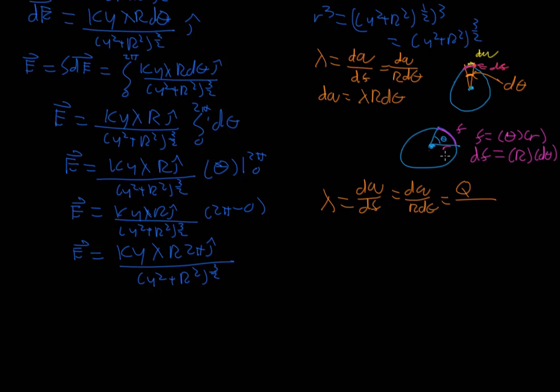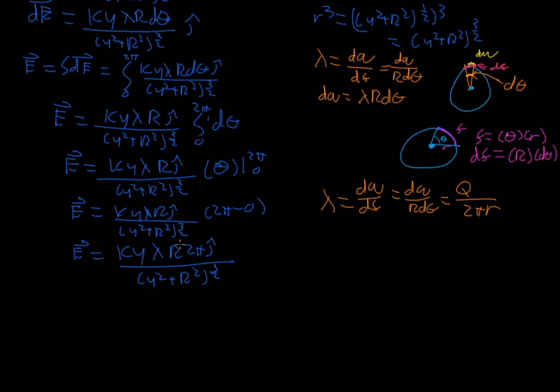If you think about s as the arc length, so ds is an infinitesimal arc length, all the ds added together, if you made s go all the way around the circle, it's just the circumference. So it's q divided by 2 pi r, right? The total charge divided by the total length.